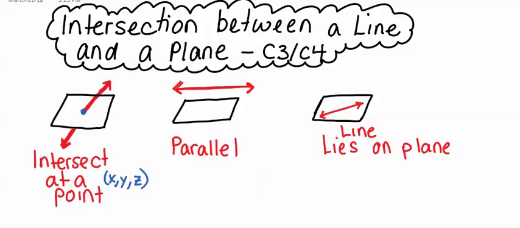And then they could be parallel, so the plane and the line could be parallel to each other, which would mean the direction vector of the line is perpendicular to the normal vector of the plane, and there would be no intersection points.